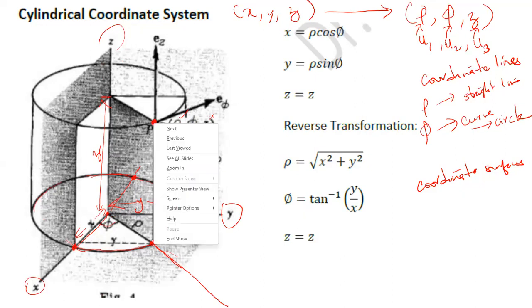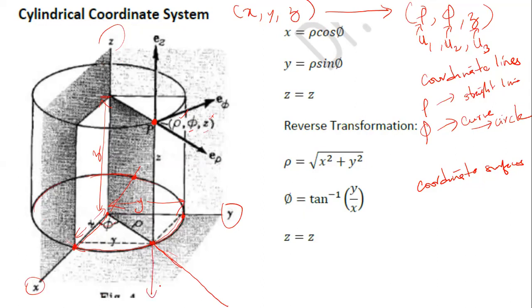If you vary z from minus infinity to plus infinity, you will go along a straight line. So the z coordinate line is a straight line again. Because one of the coordinate lines is a curved line, a circle, you can categorize this as a curvilinear coordinate system.